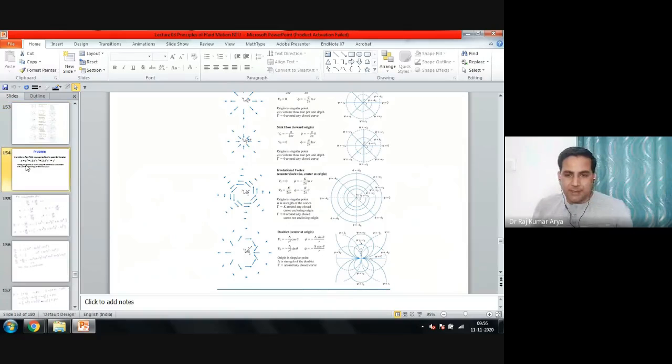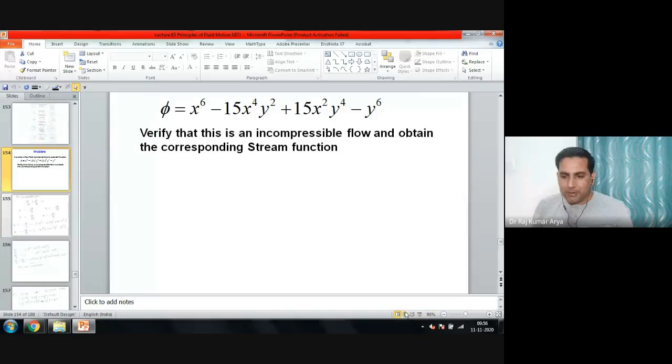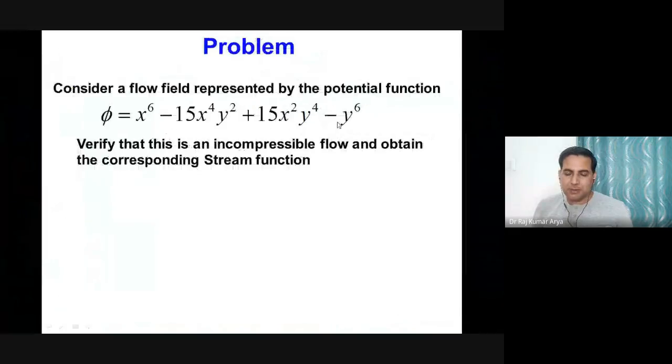So let's see. This is one of the problems actually. We want to practice what we have covered in the previous two classes. So this is what a velocity potential is given to you. That phi is given to you in terms of this.